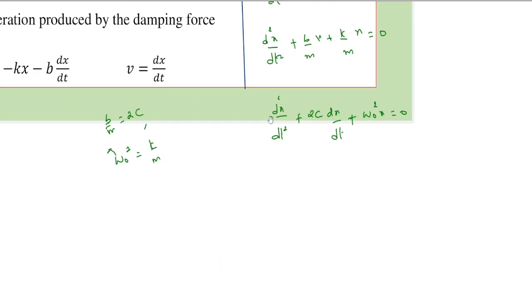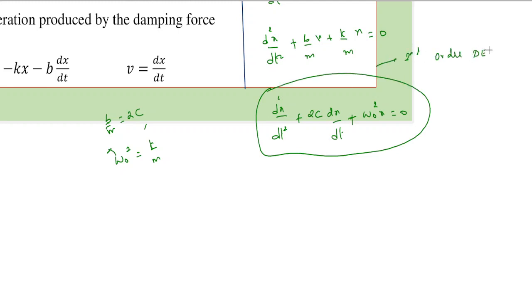The solution of this is not required at this level because this is a second order differential equation. There are many ways to solve this expression. The proof of this is not required for this course.